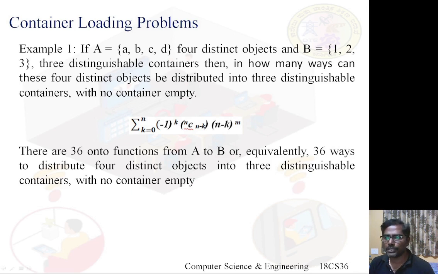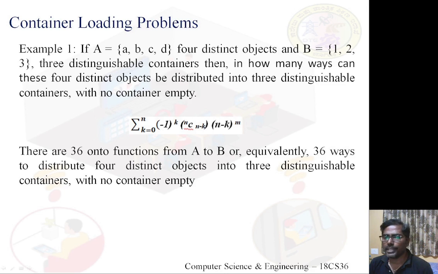The question is, in how many ways can these 4 distinct objects be distributed into these 3 distinguishable containers with none container left empty?